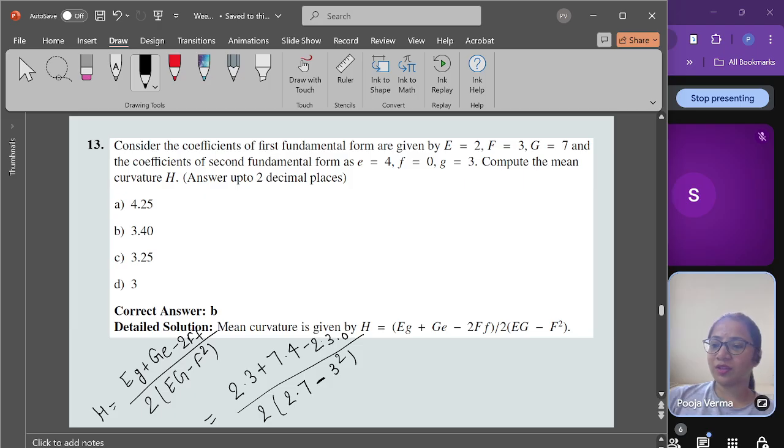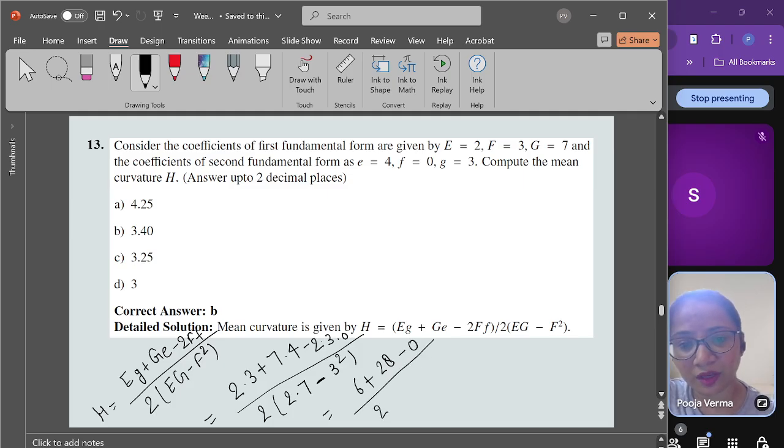So can you just calculate these values? Already the solution and correct answer is given. I forgot to remove it. So just calculate it. So here you will get 6 plus 28 minus 0, divided by 2 into 14 minus 9, right?